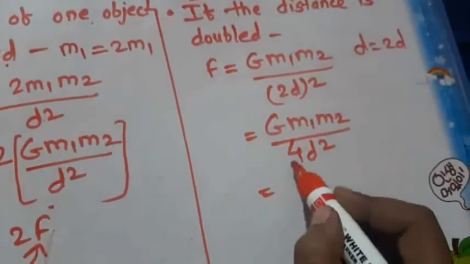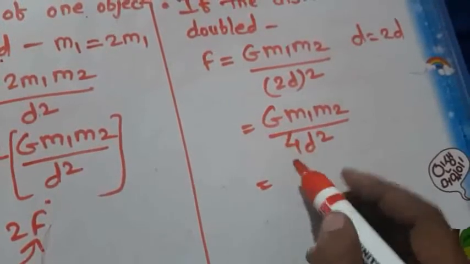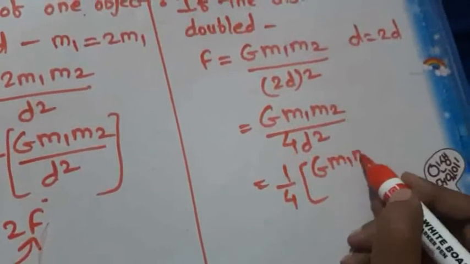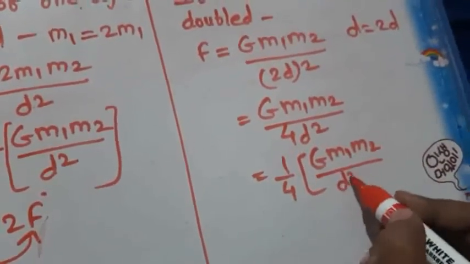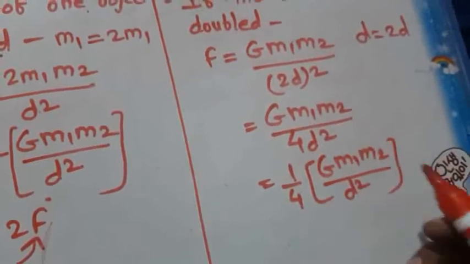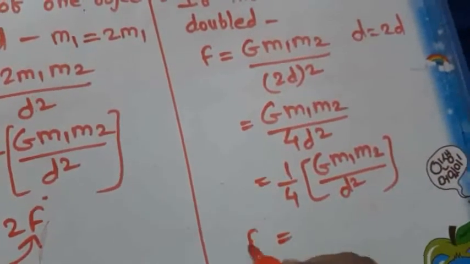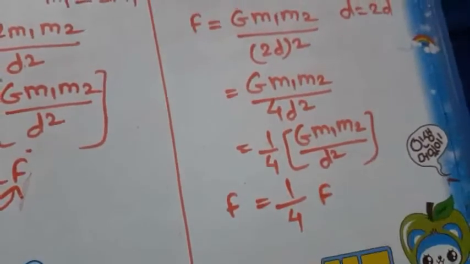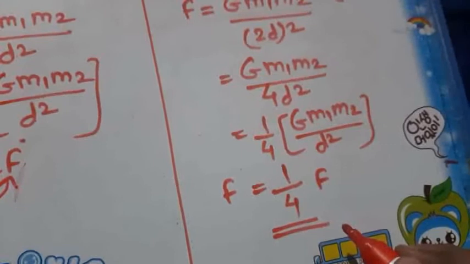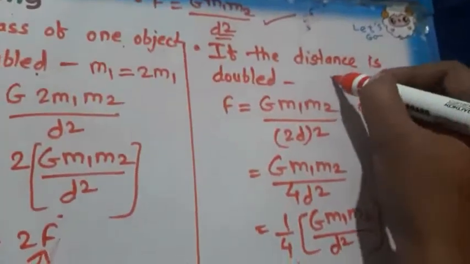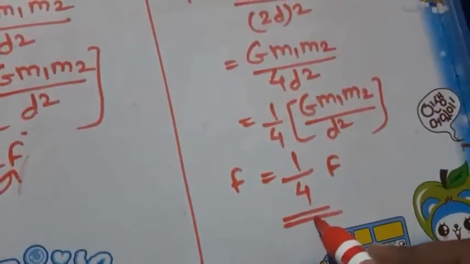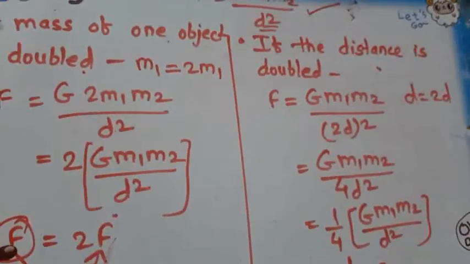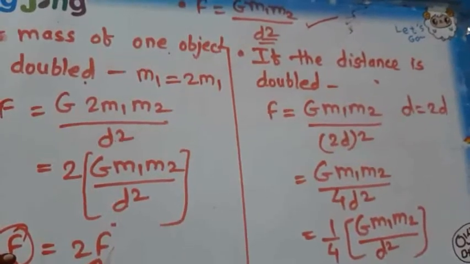So again here separately this 4 we can take, 1 by 4 as outside, and G m1 m2 divided by d square. Again this factor is nothing but force. So whatever the new force will be, it will be reduced by a fourth factor. So in this case force will be reduced. If distance is doubled, the new force will be reduced by a fourth. Like this, conditions will be given to you and you have to answer that.